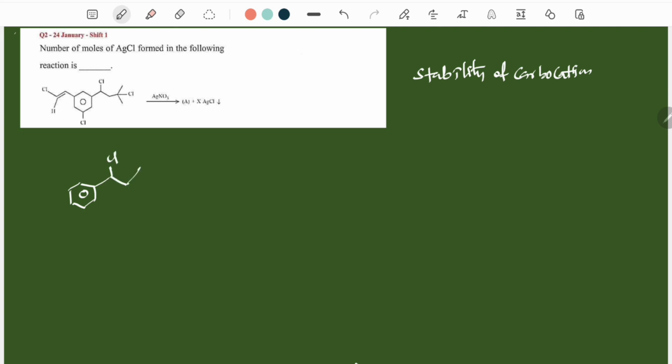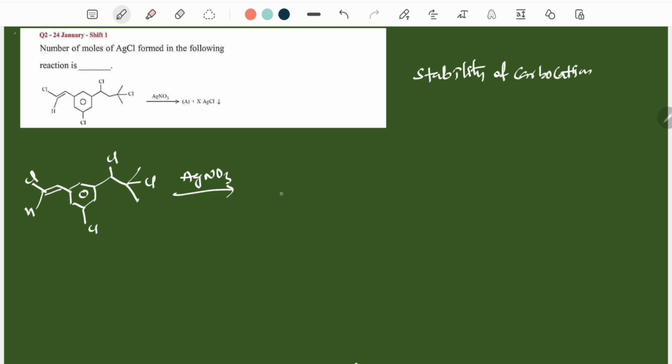Chlorine, chlorine, chlorine, chlorine: four chlorines are present, along with a hydrogen. When it is treated with silver nitrate, AgNO3, it forms a carbocation.